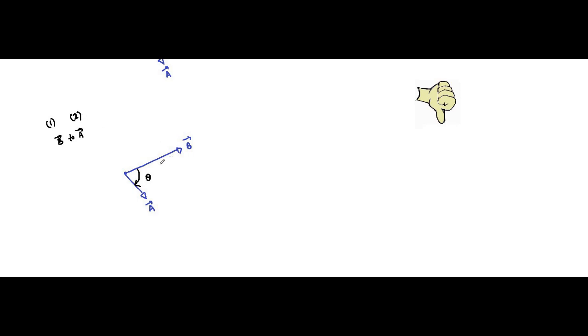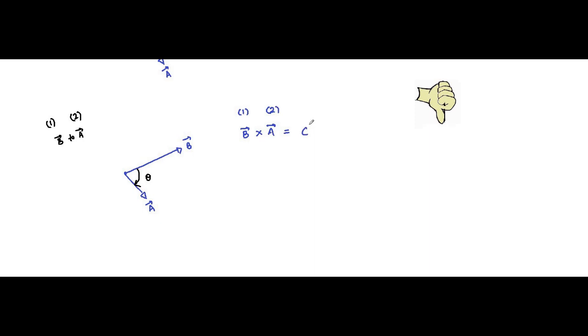The vector operation is trying to rotate B vector in the direction of A vector. So in this case, the cross product operation will be B vector cross A vector. B vector is first, A vector is second. Let us call such a vector C dash vector.